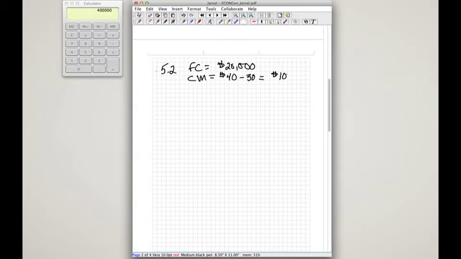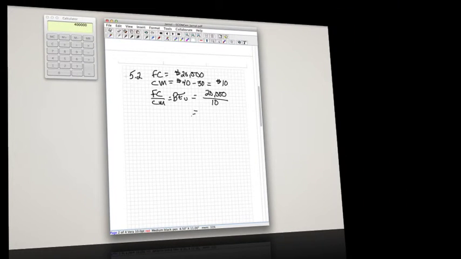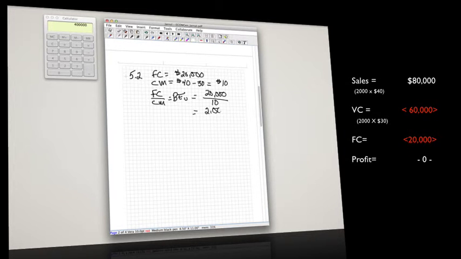And once you have those two numbers, we're good to go, because it simply is a matter then of comparing fixed costs to contribution margin to get our break-even point in units. Okay? And if that's the case, that's going to be the $20,000 of fixed costs divided by the $10 in contribution margin, which is going to give us a break-even point of 2,000 units.